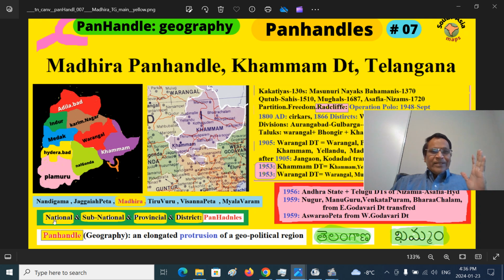Panhandles can be national, between countries; they are subnational, between the provinces, that is states; even between the districts also. Here is the subnational, that is the provincial panhandle, Madhira from Telangana region protruding into the Krishna district of Andhra region.